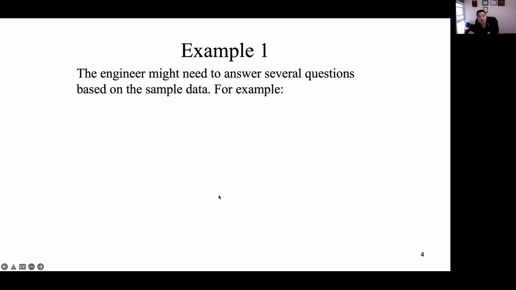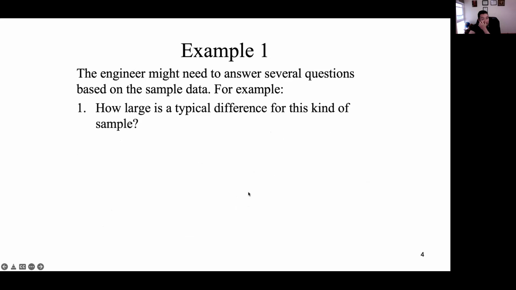So the engineer may try to answer questions such as this. How large is the typical difference for this kind of sample? This is the difference between the sample proportion, which is 92%, and the population proportion, which is the percent of the whole 1,000 rods that meet the spec.